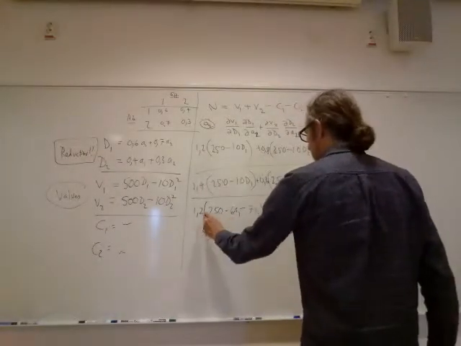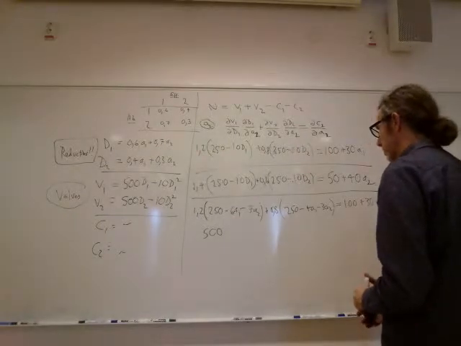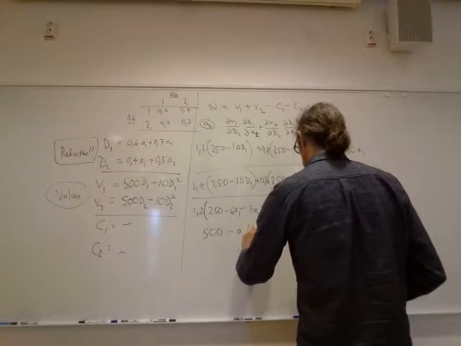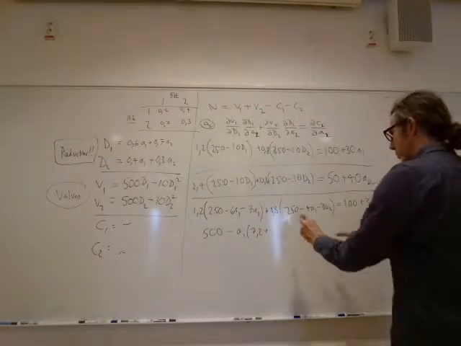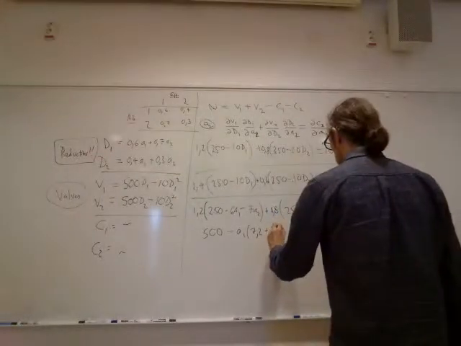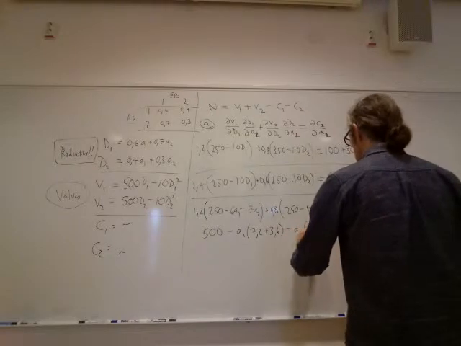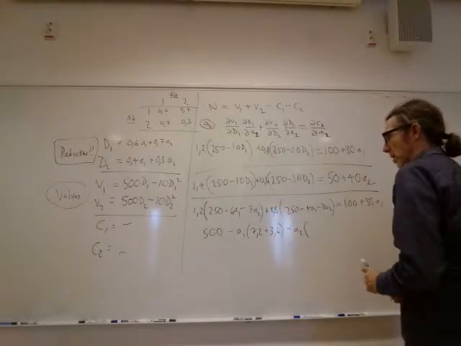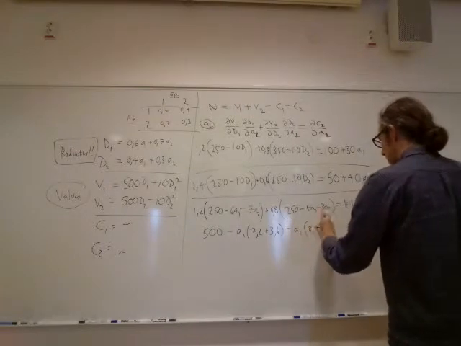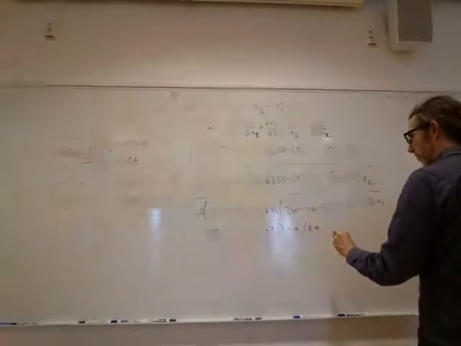And then 6 times 1.2 is 7.2, so minus A1 times 7.2, plus 4 8s are 3.6, minus A2 times 8.4, 3 times 0.8 is 2.4.